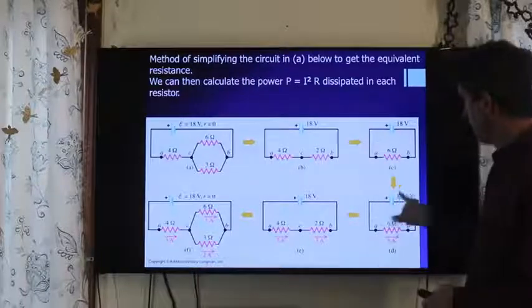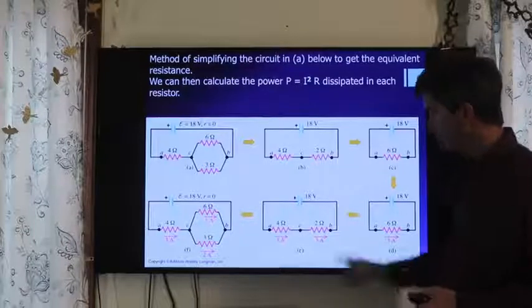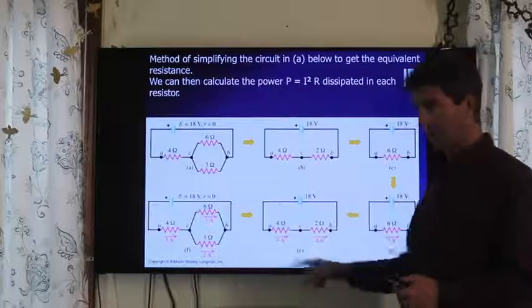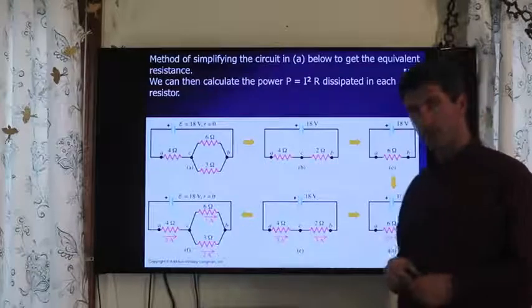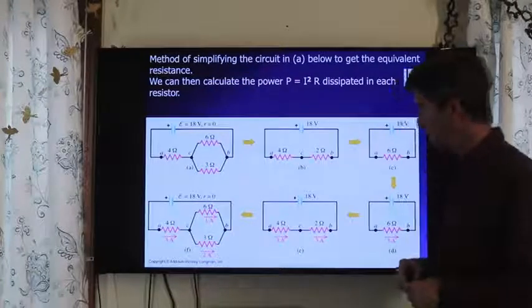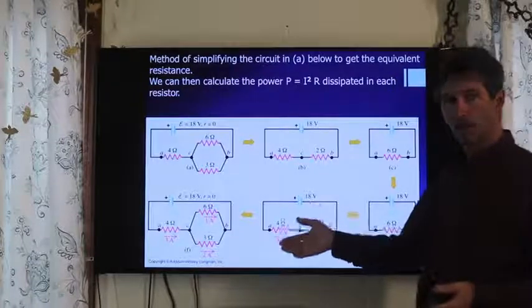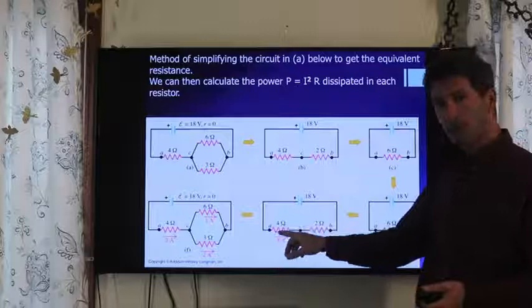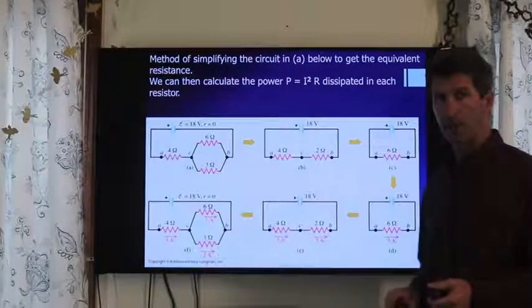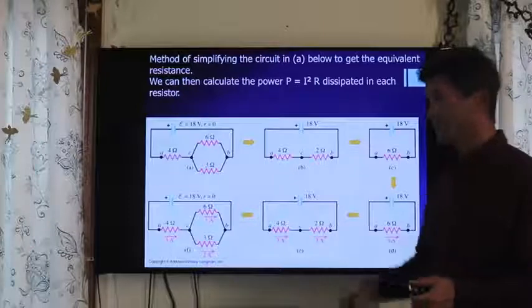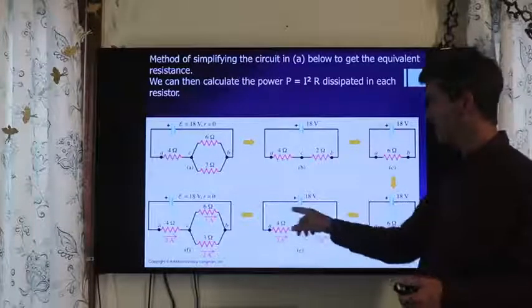Okay? I found out that I have 3 amps flowing through the whole thing. So for my equivalent diagram, I'll have 3 amps going through here, and 3 amps through this equivalent resistor. Well, V equals IR. The potential difference across here is the current through it, 3, times the resistance, R, 4. 3 times 4 is 12, so I get 12 volts here.